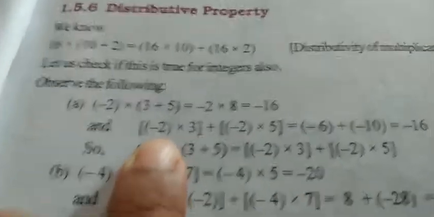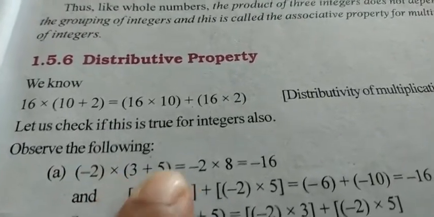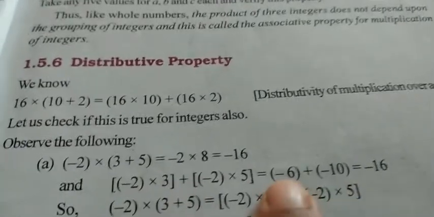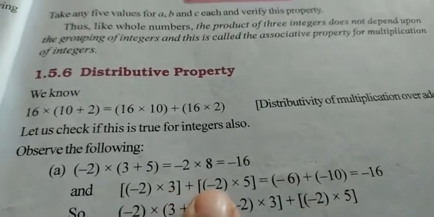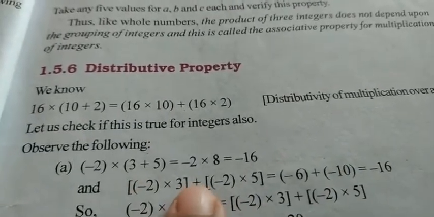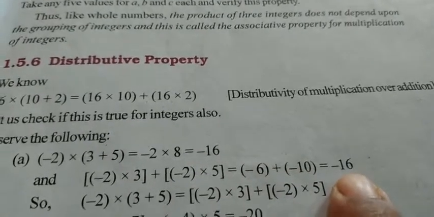Now on the right hand side, negative 2 is distributed over 3 and 5. Negative 2 multiplied by 3 gives you minus 6, and minus 2 multiplied by 5 gives you minus 10, and both the products are added. Minus 6 plus minus 10 gives you minus 16.